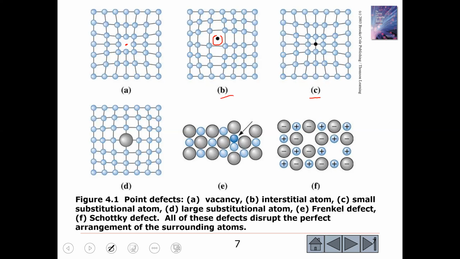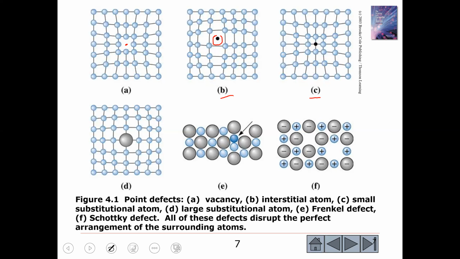Whereas in B, this dark or black atom has not replaced any atom. All the blue atoms are complete in number, but this black atom is an additional atom which has occupied an empty space in between the blue atoms. If you look at D, a larger size foreign atom has occupied a lattice site.